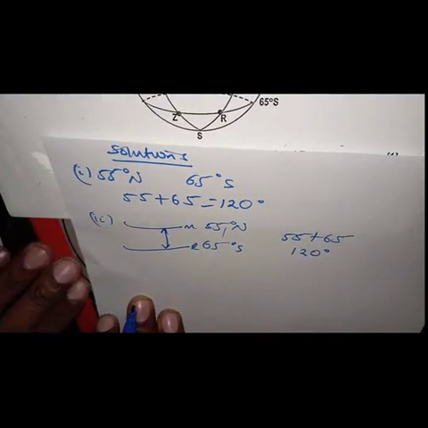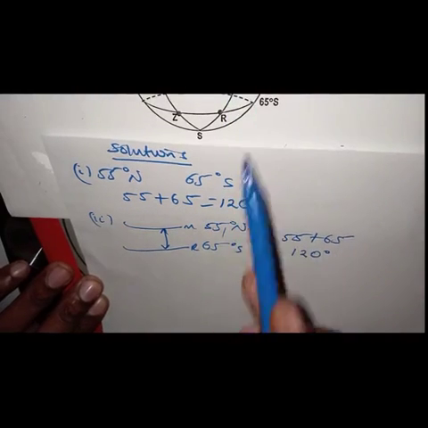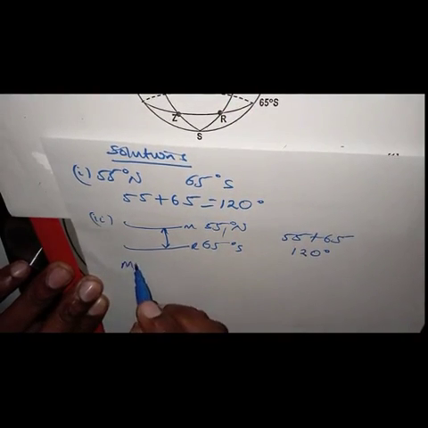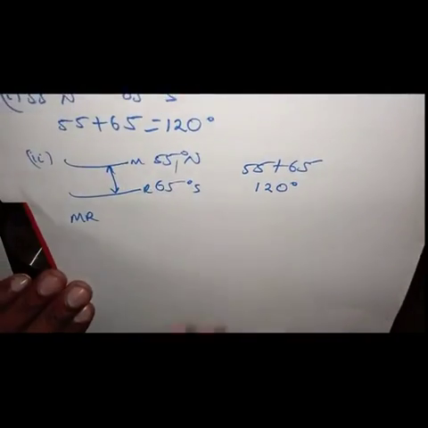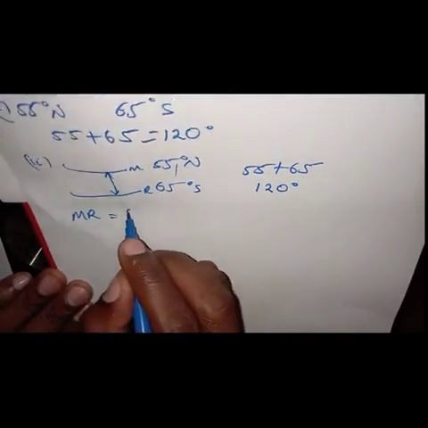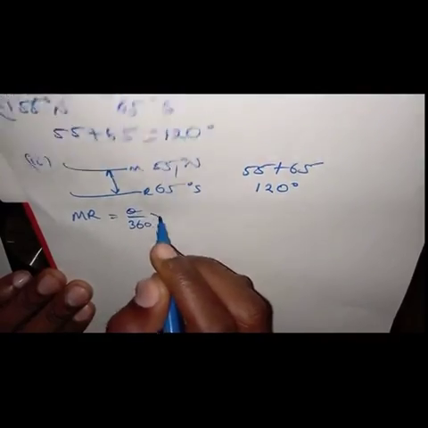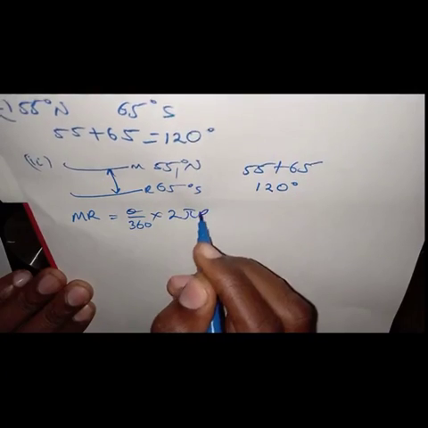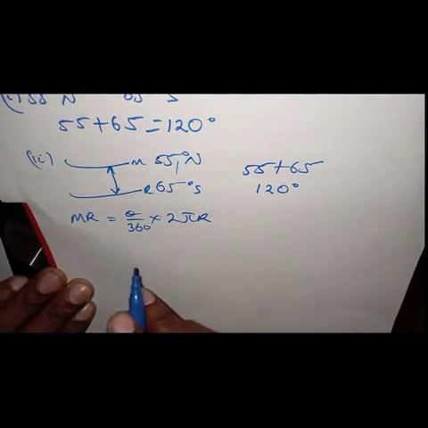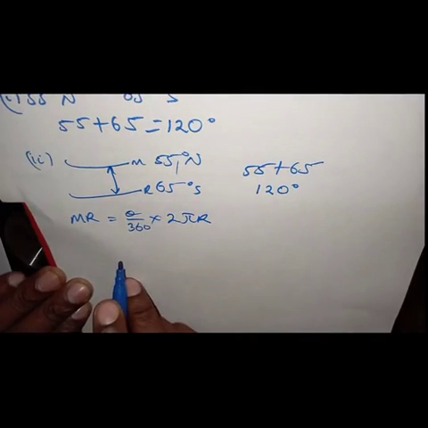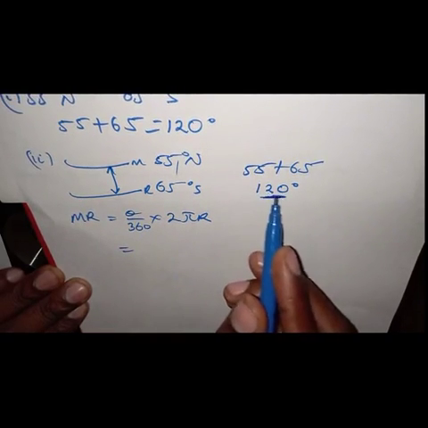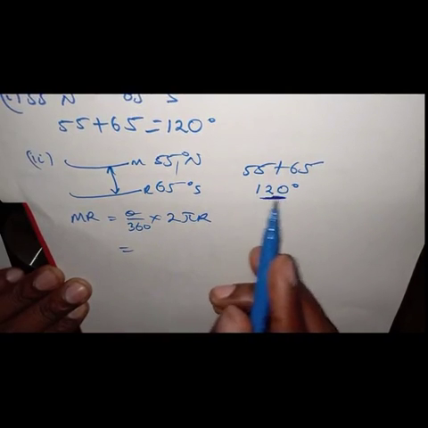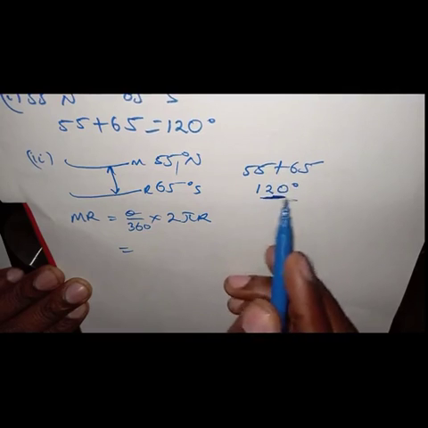So now, distance along the same longitude, this is the formula. MR is equal to theta over 360 times 2 pi r. In the previous video, I showed you which methods to use when you are dealing with same latitudes or same longitudes. So where there's theta, we'll put this angle 120 degrees. Remember, we equate the difference in degrees. Even if you were adding, we used to equate the difference in degrees.